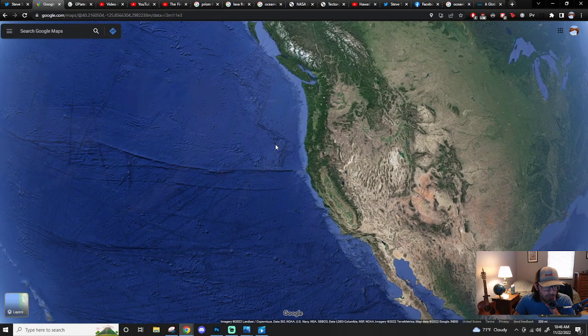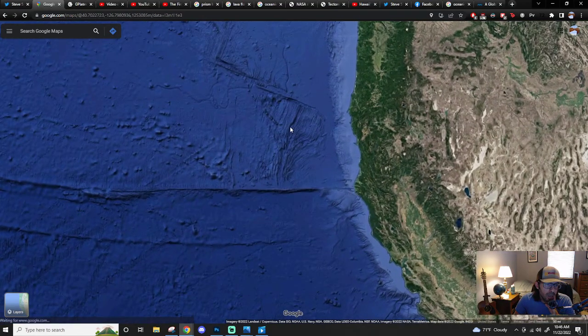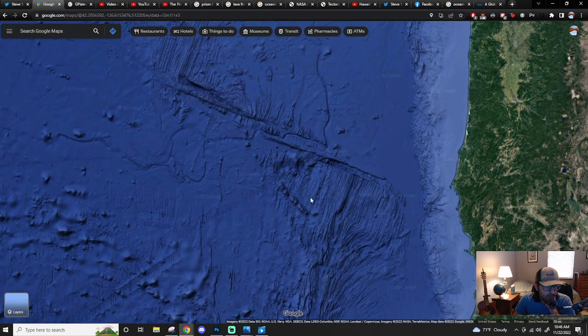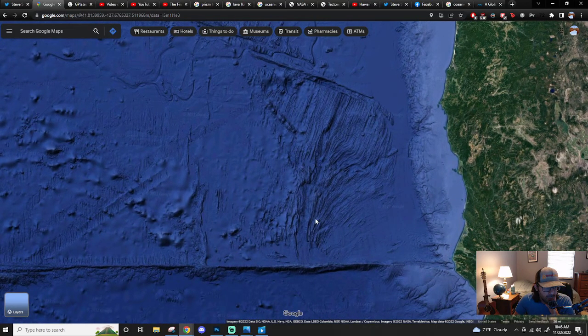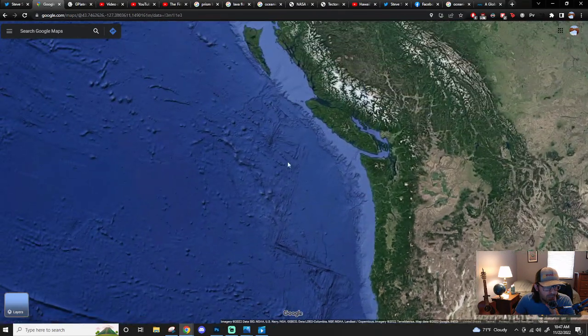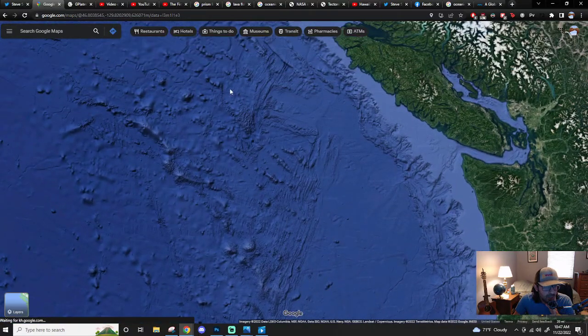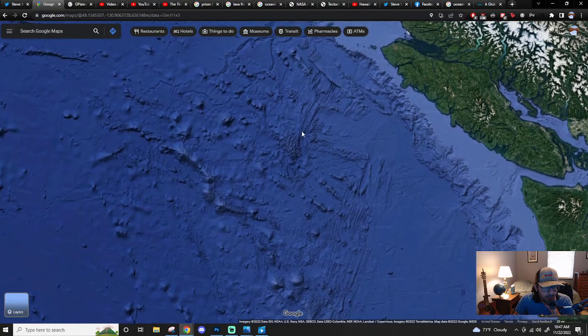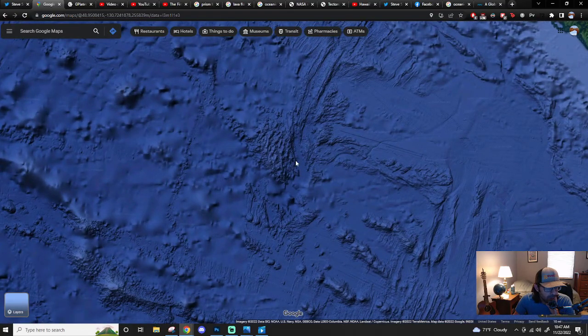It stops carving through, and so it almost just starts creating a bunch of novas, which is probably why this is so ripply and rough terrain versus up here.